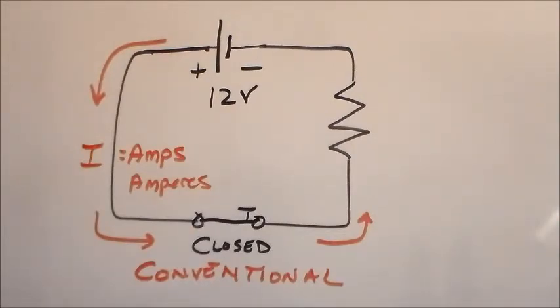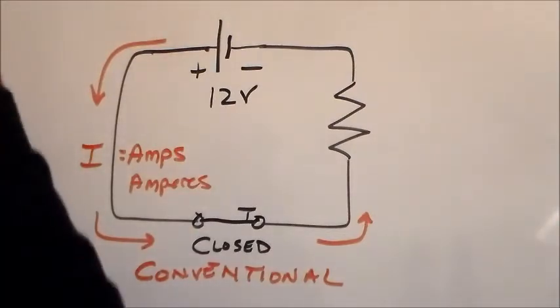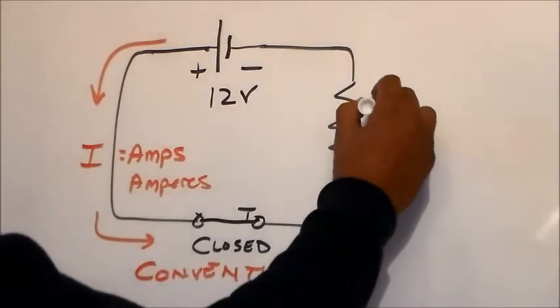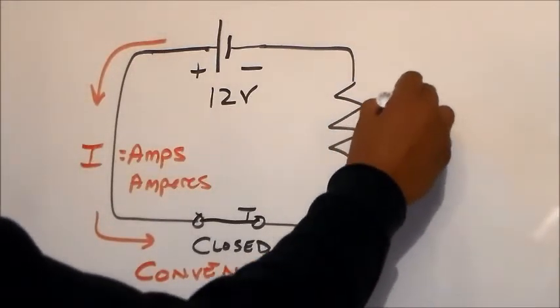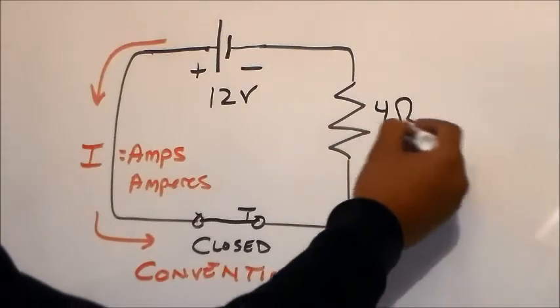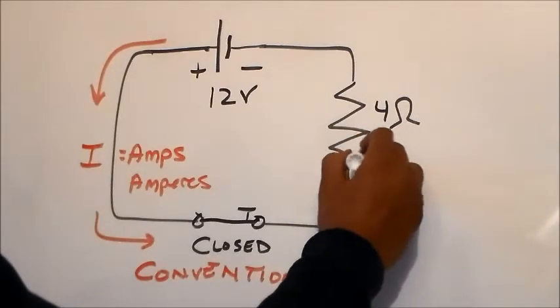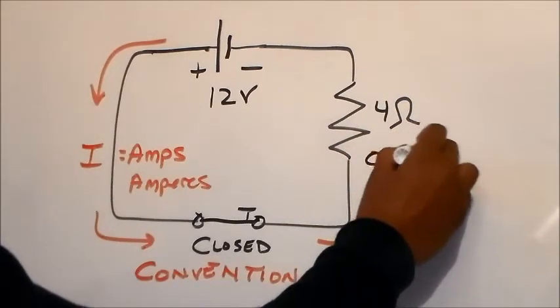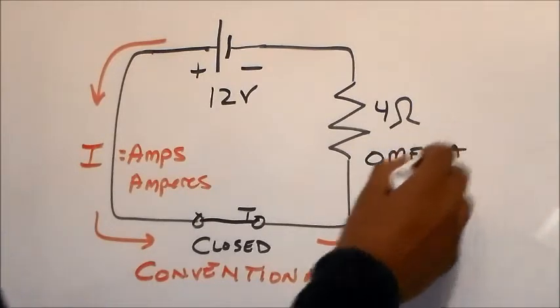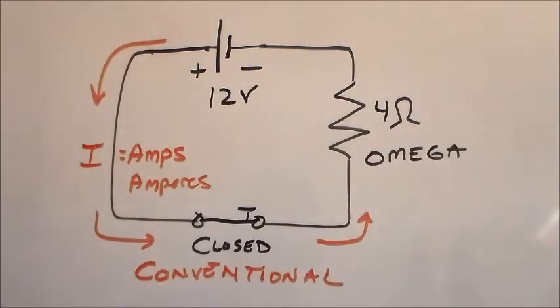And resistance, the resistor, we define what that does, is measured in what we call ohms. So let's call this a 4 ohm resistor. That's the omega symbol, as best I could draw it.